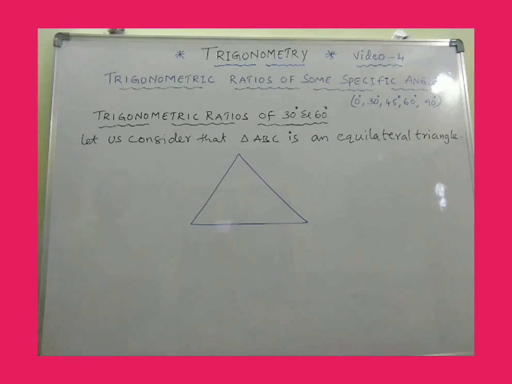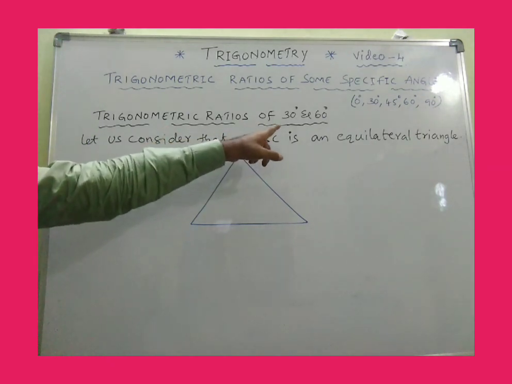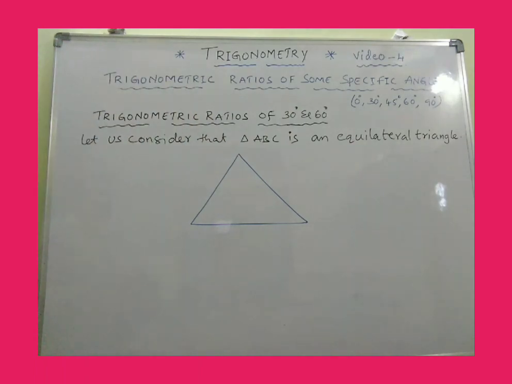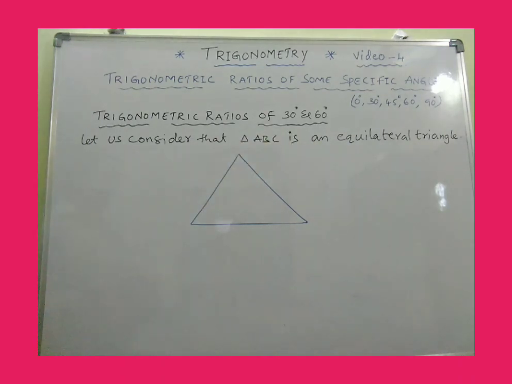Now let us find trigonometric ratios of 30 degrees and 60 degrees. Earlier we considered triangle ABC to be an isosceles triangle. But this time let us consider triangle ABC to be an equilateral triangle.